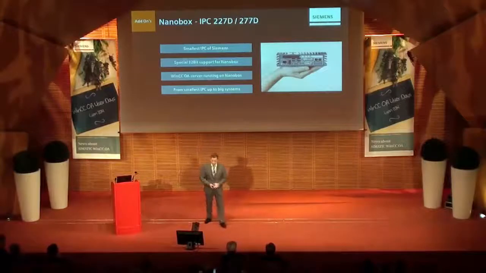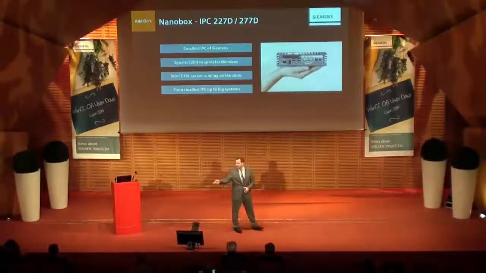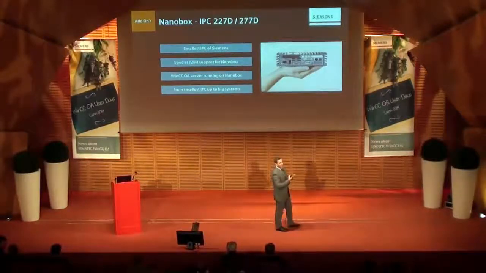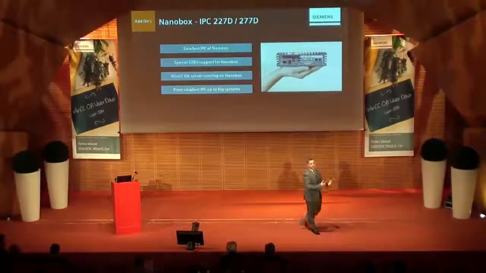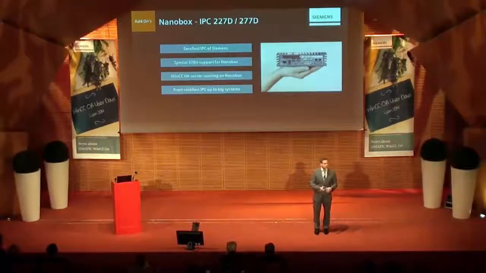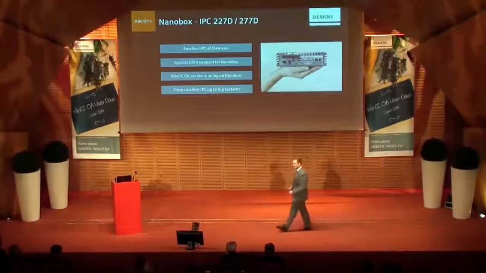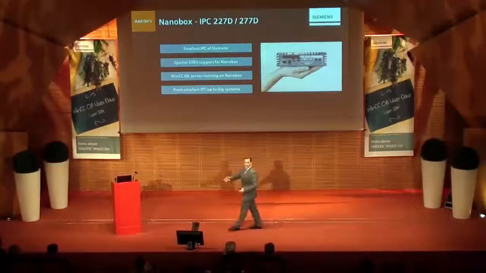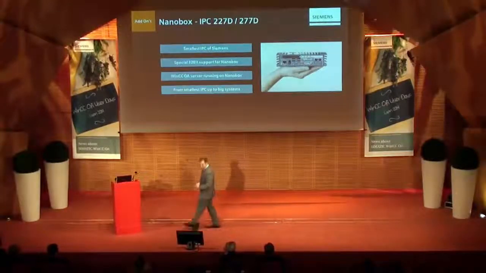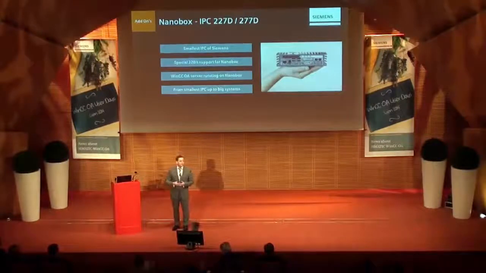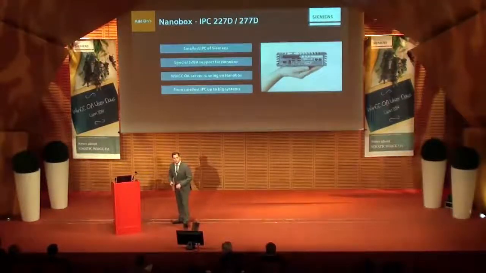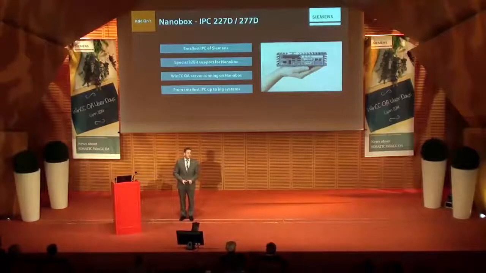The NanoBox, we have also already seen from Bernhard and also from Frank, there are some really interesting trends in the market that we want to have smaller devices and all that. We have our Raspberry Pi as a prototype, but with version 3.13, we will bring official support, especially for the NanoBox.